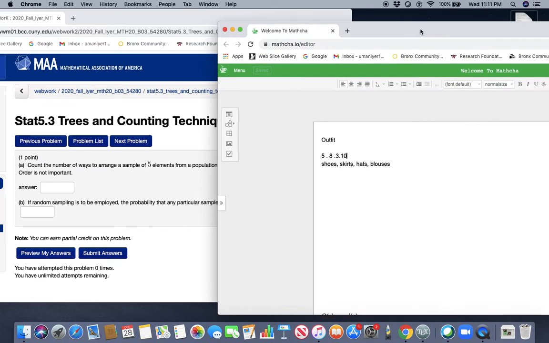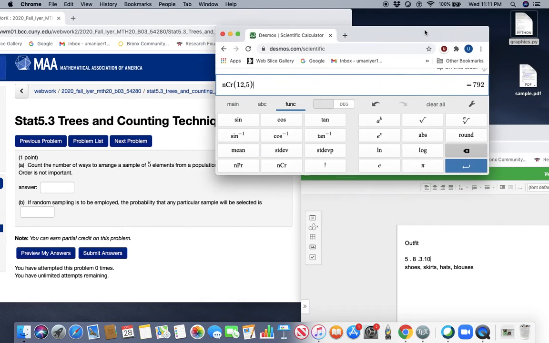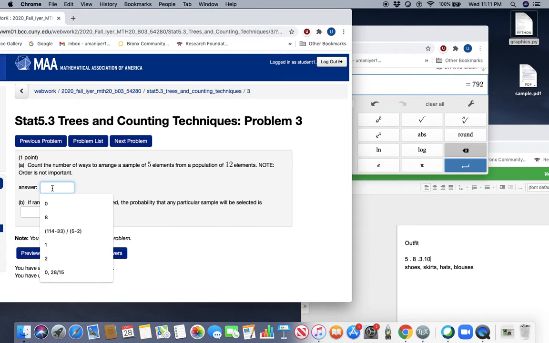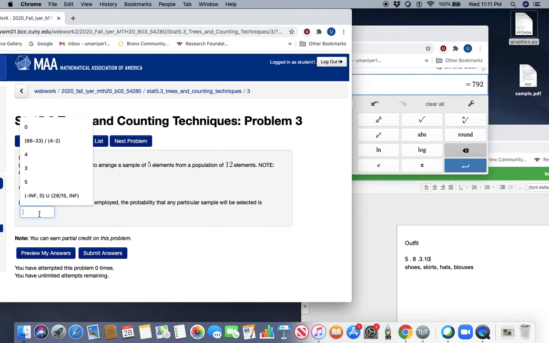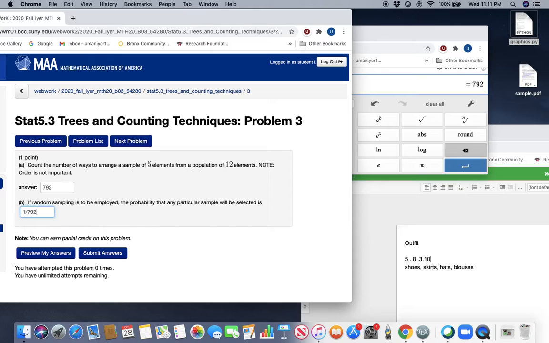So the answer is 792. So these are various ways of finding 5-element samples from 12 elements. If random sampling is employed, the probability that one particular sample is chosen out of these is 1 over 792.